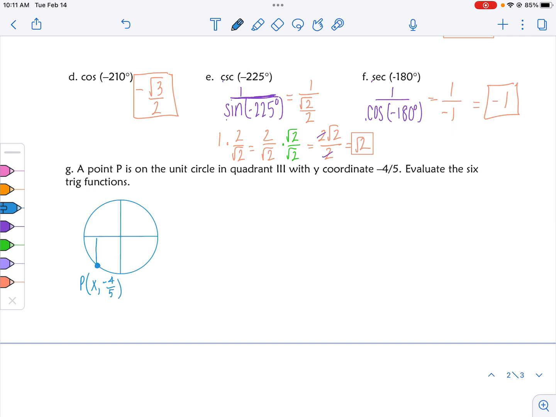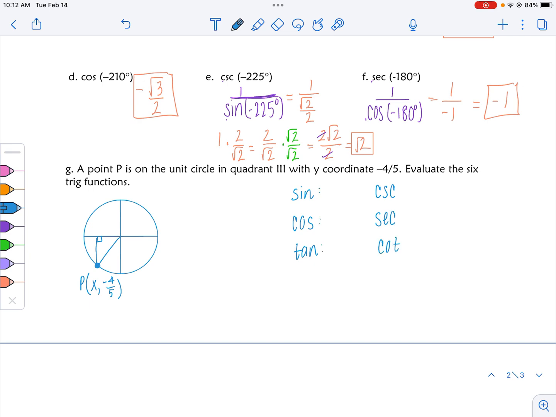You can even draw a triangle here if you want to look at it. It's a right triangle. Evaluate the 6 trig functions. Well, the 6 trig functions, review from the front page: sine, cosine, tangent. Then I'll put their partners with it: cosecant, secant, cotangent.